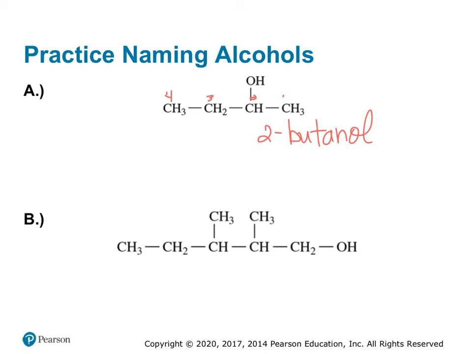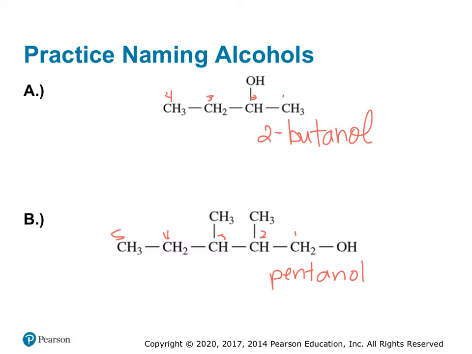Looking at B here, my longest chain is 1, 2, 3, 4, 5. So 5 carbons is pentane. So change that to OL, pentanol. I'm going to number them 1, 2, 3, 4, and 5.